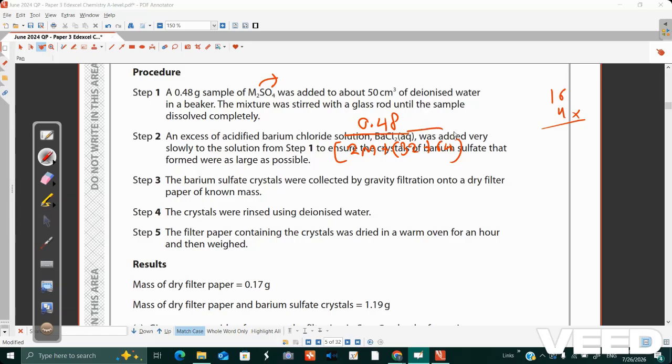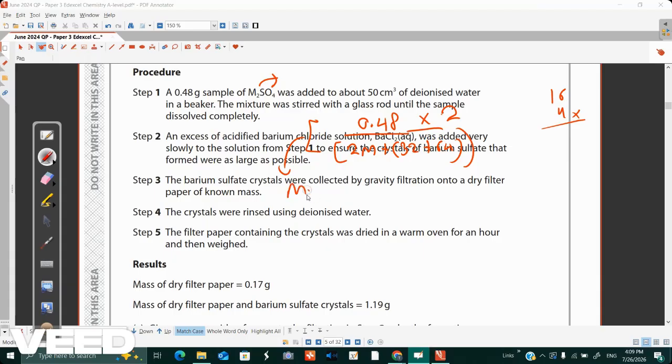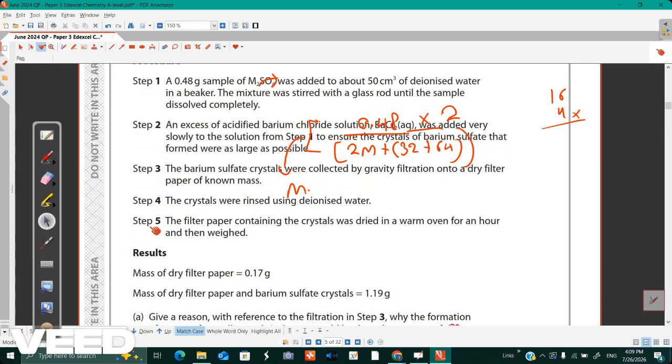Right? This is the number of moles, and this multiplied by 2 is equal to the number of moles of M. Right? So this is getting precipitated.